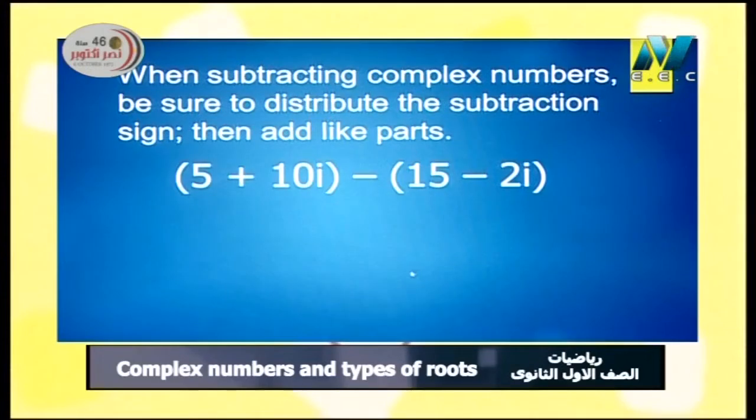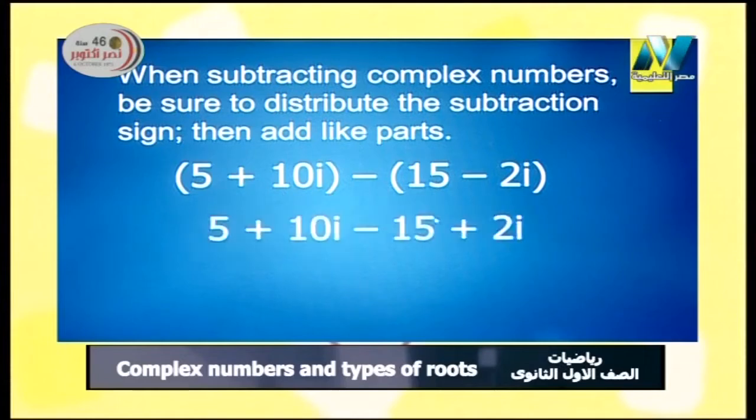When subtracting complex numbers, be sure to distribute the subtraction sign, then add like parts. We have here 5 plus 10i minus 15 minus 2i. We multiply negative by 15 equals negative 15, and negative multiplied by negative 2i equals positive 2i.